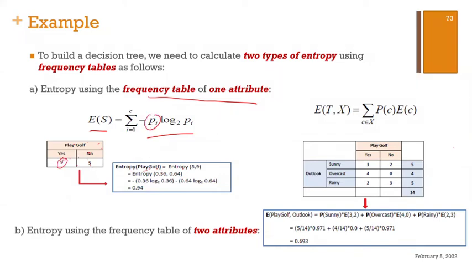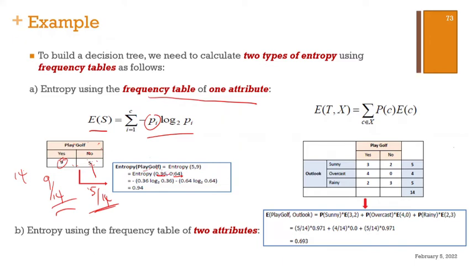The total is 9 plus 5, which is 14. So the probability of yes is 9 over 14, and the probability of no is 5 over 14. So the probability of saying no, don't play golf, is 5 out of 14.